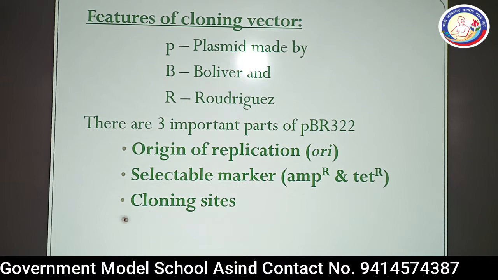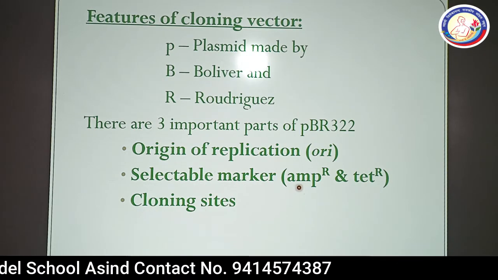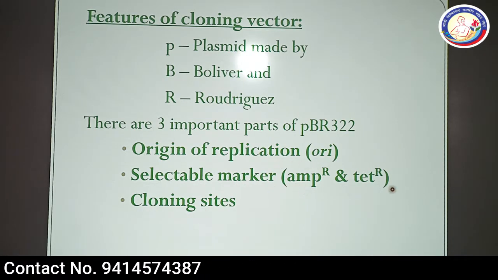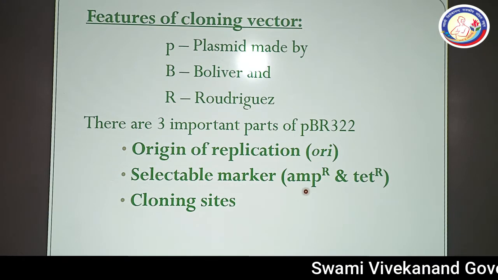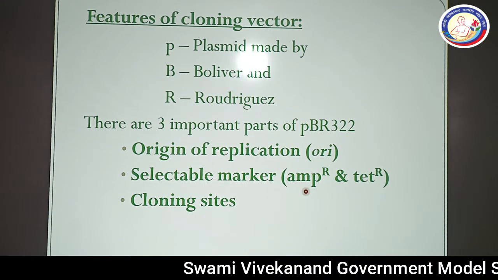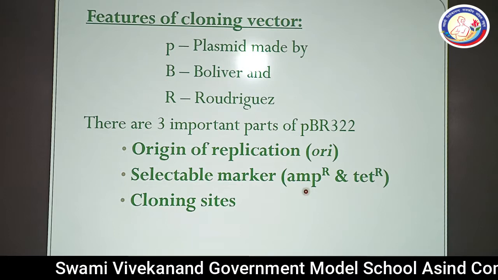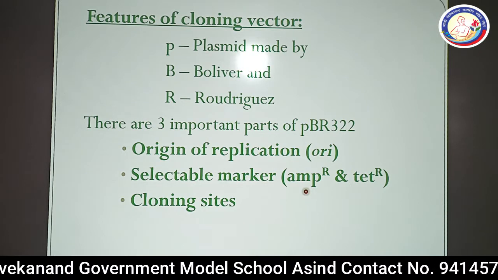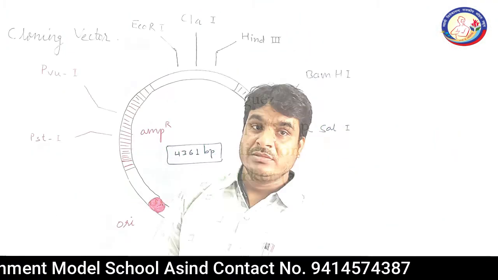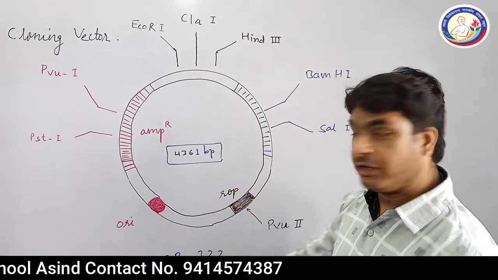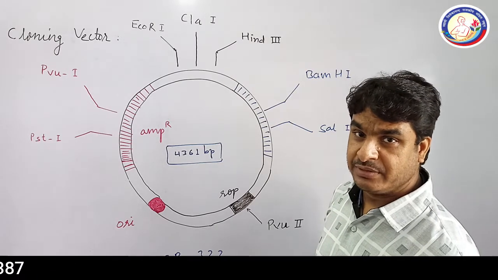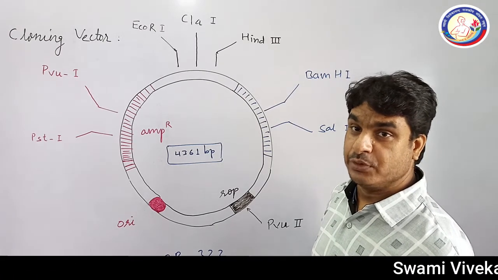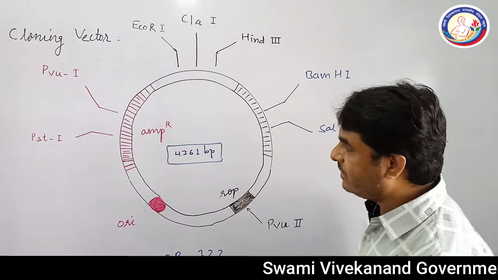And cloning sites: basically we will use these selectable markers as cloning sites, where in one selectable marker gene we will cut it and add the foreign DNA or alien DNA with the help of DNA ligase enzyme. So you can see the figure of pBR322. This is the cloning vector which is mostly used in biotechnology and genetic engineering.